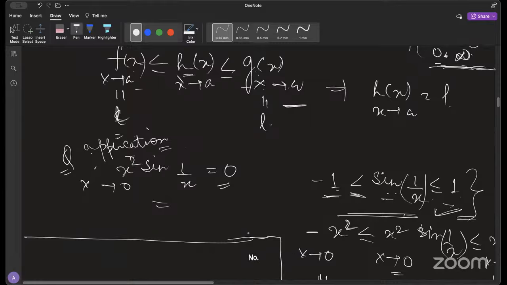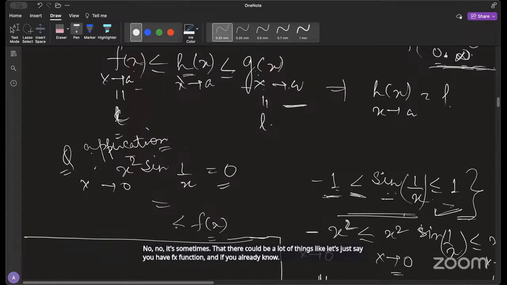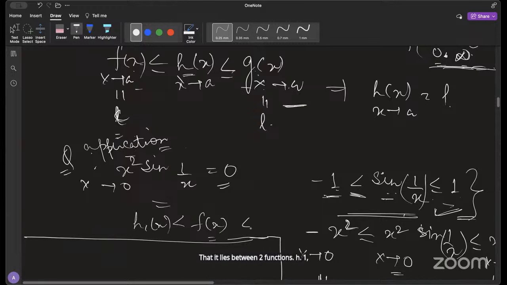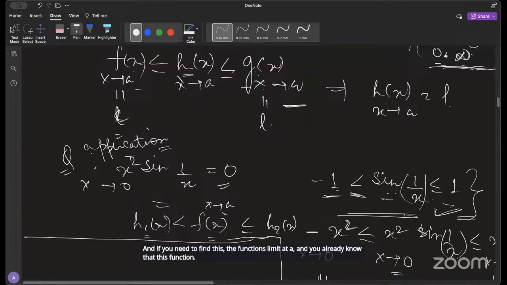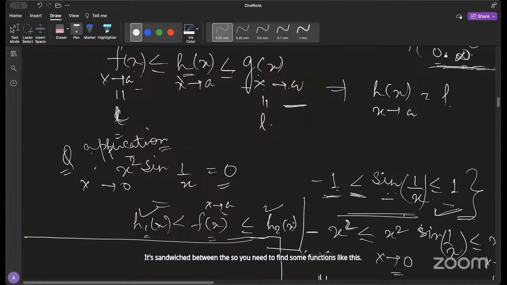No, it's sometimes, there could be a lot of things. Like let's just say you have a function f(x), and you already know that it lies between two functions, h1(x) and h2(x), and you need to find the function's limit at a. If you already know that this function is sandwiched between them, you need to find some functions like this. That is some sort of manipulation that you'll have to do here, right?